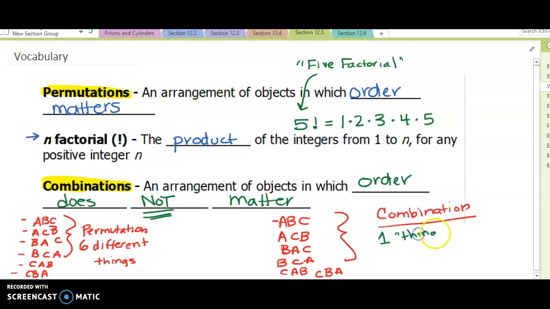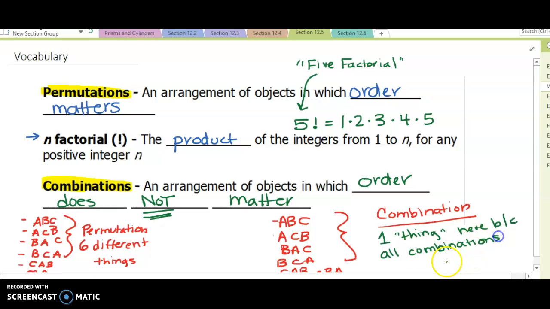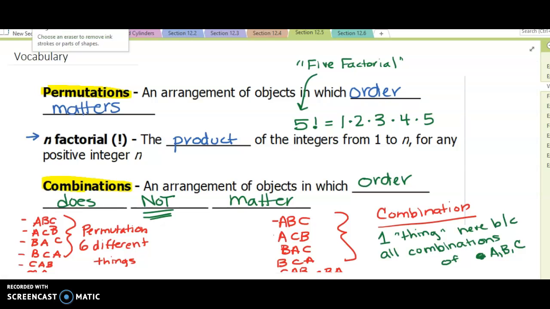I hate that word, but we're going to use it. One thing here, because these are all combinations of A, B, and C. That's the difference. If I'm thinking of these as a permutation, I'm looking at these as 6 different things because these are 6 different orders. If I'm looking at this as a combination, this is one combination of the letters A, B, and C. We'll do some examples that'll make a little more sense.